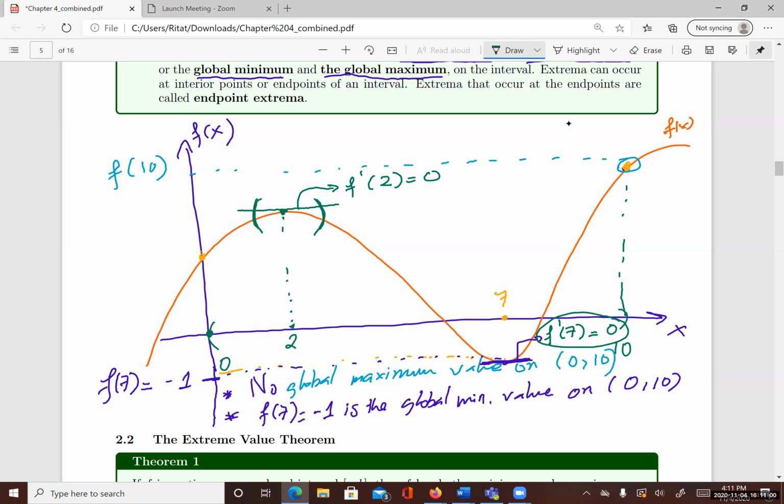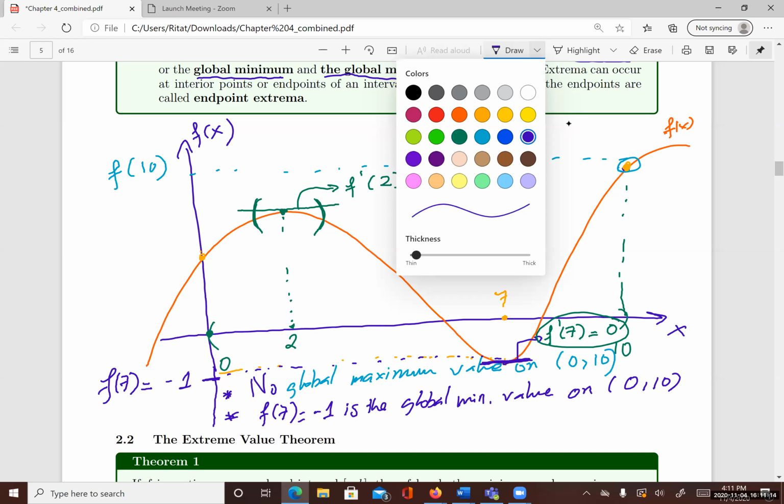Okay, so in this interval right here, this point f of 2 is a maximum value on a small interval around it. Later on we'll learn that this point here is not the absolute maximum, but it's going to be the local maximum value.